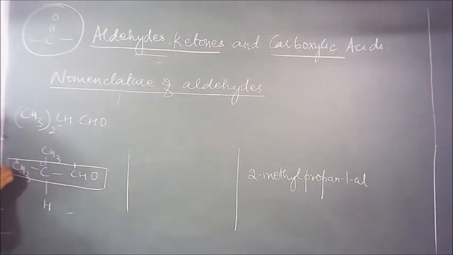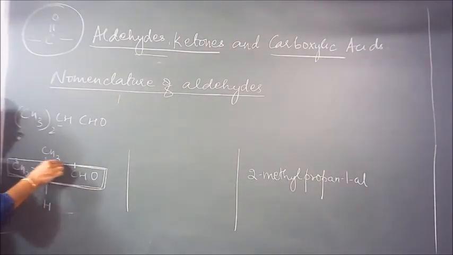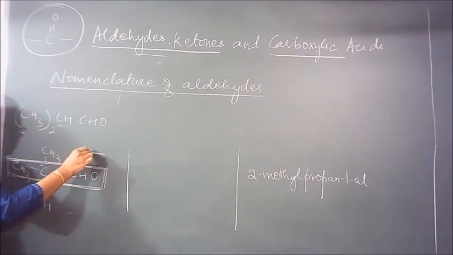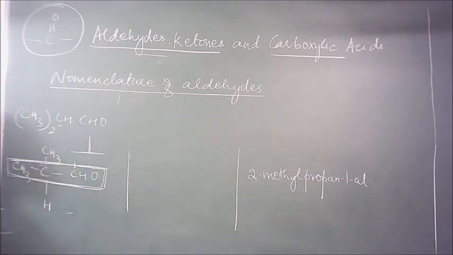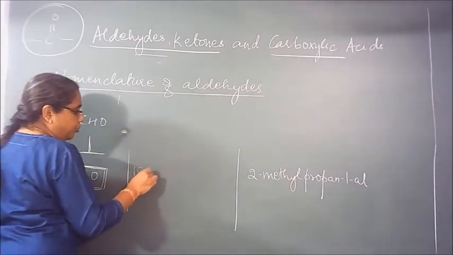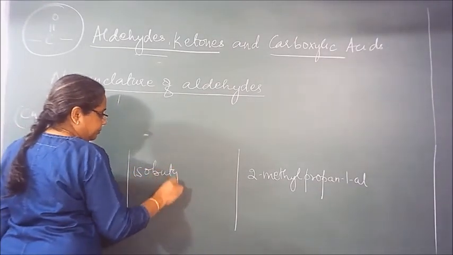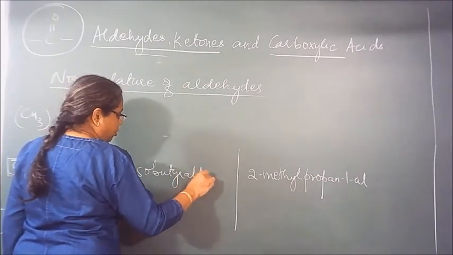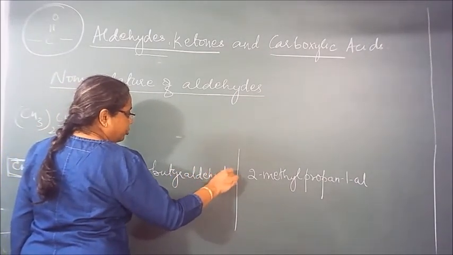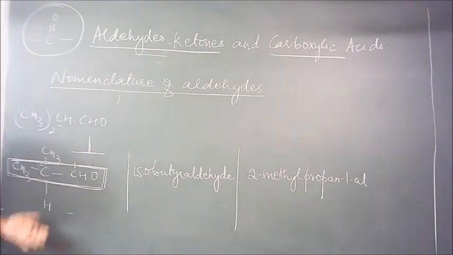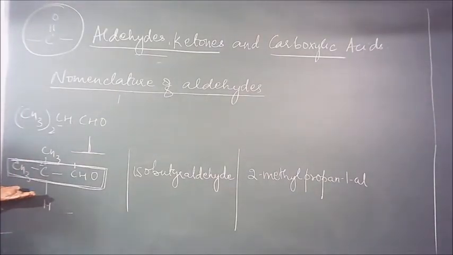Now look at the chain. This is my normal chain with one-sided branching, so it is called iso. Total carbon atoms? 4. So this is called isobutyraldehyde. For these compounds, we always tend to write the IUPAC name.